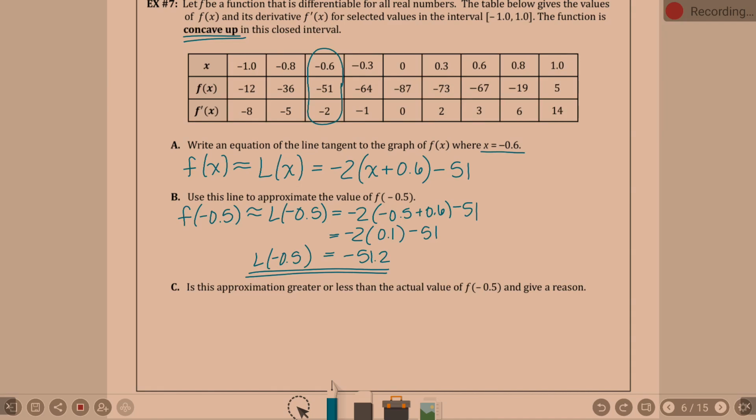We can sketch a picture based on the values they give me. But since f of x is known to be concave up on this interval, then the tangent line lies below the graph. And so your linear approximation is on that tangent line, and so it's below the value of the graph. Okay? So concave up is underestimate and concave down is overestimate.